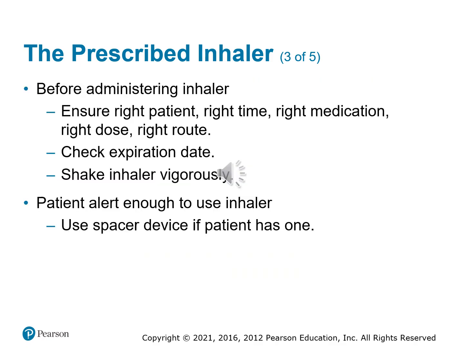Now an inhaler is a medication, so we need to follow our medication rules. So we need to make sure that we are following the 5 rights. We really say 6, but the 5 rights include the right patient, the right time, the right medication, the right dose, and the right route. The last of those is the right documentation. So the right patient, we've got the patient, they need it. The right time, they're having trouble breathing, it's the right time.